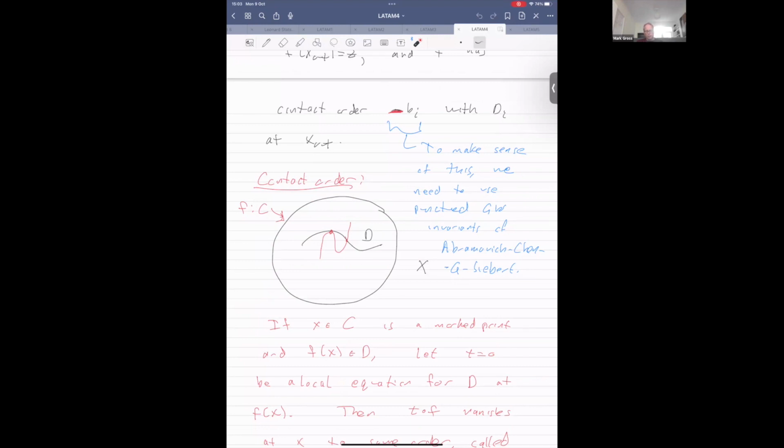And the basic problem you have to deal with is that when a curve such as this degenerates to a curve that falls inside D, it's no longer possible to define the contact orders directly. So somehow you have to deal with more information. The classical algebraic geometric approach of Jun Li involves what's known as degenerating the target.